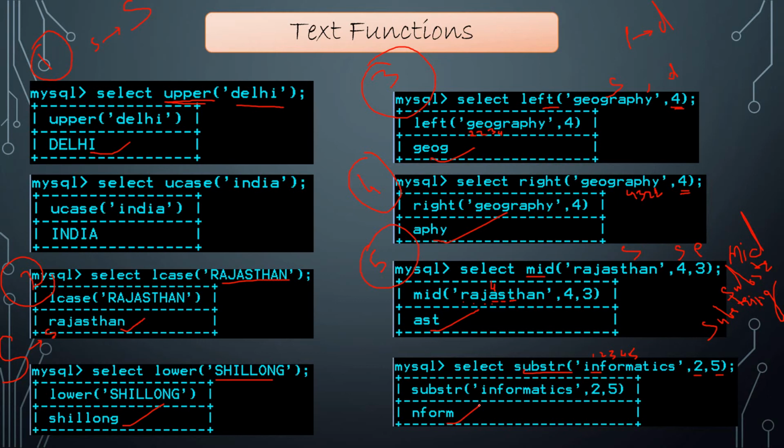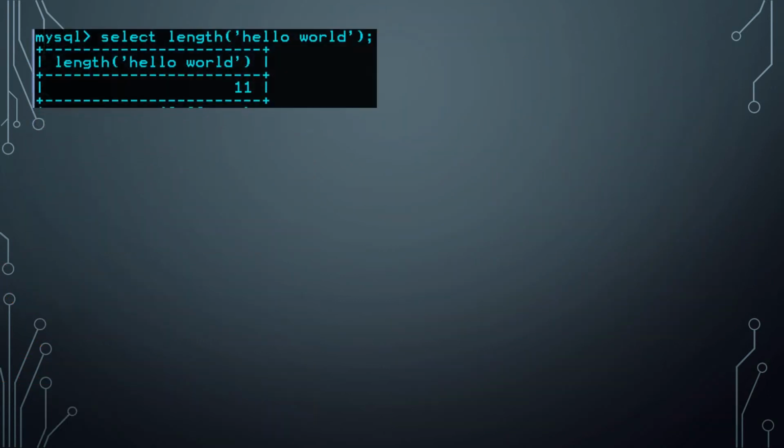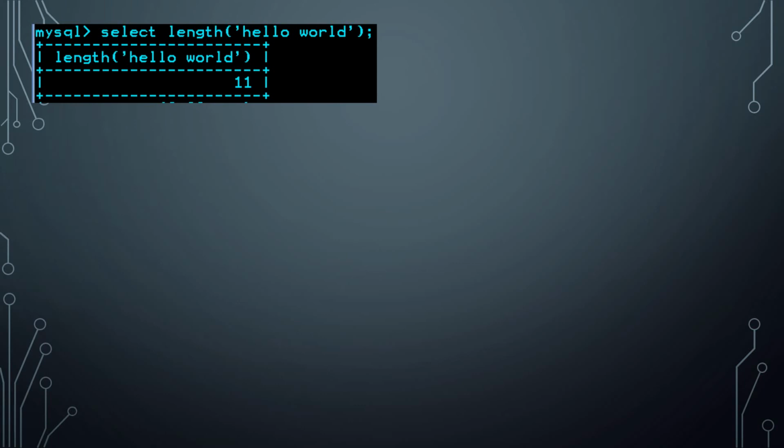Now moving on to the next one. If I want to calculate the length of any string or any sentence, then I have the next function, the length function. This is our 6th function, length. In length, you just have to count the length: 1, 2, 3, 4, 5.